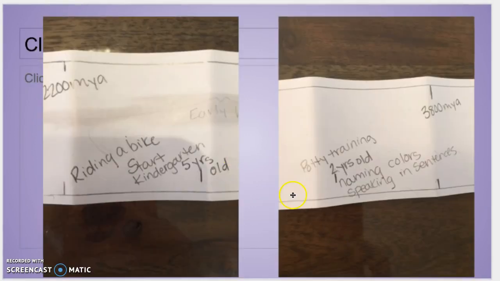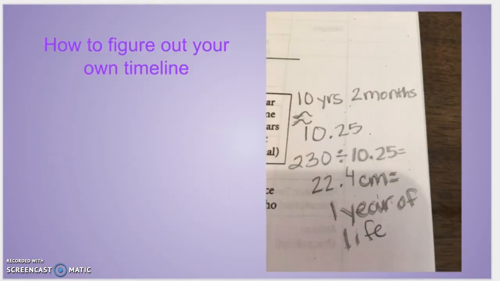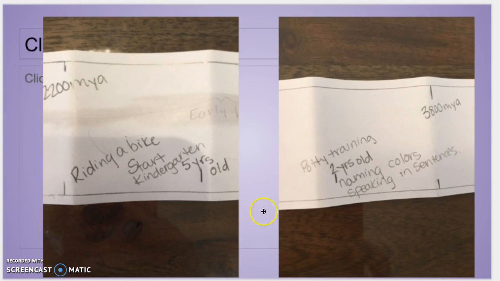What you're going to do is you are going to write out on the other side of the paper your timeline. So your timeline is going to look something like this, where at 2 years old, so this would be about 44.8 centimeters of the way down for this person. They're going to be 2 years old, and then 5 years old.